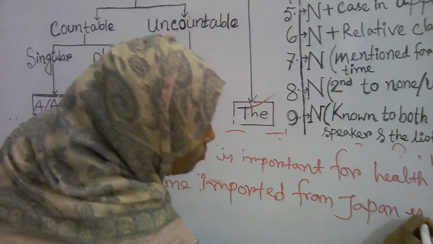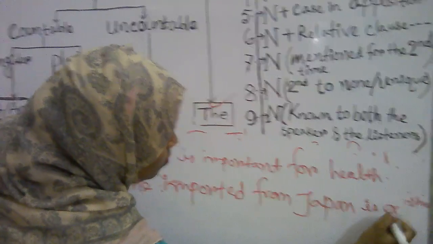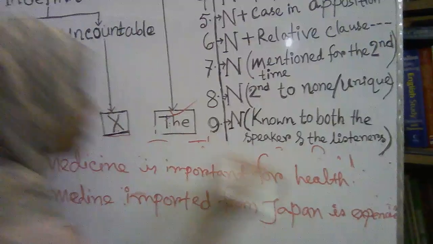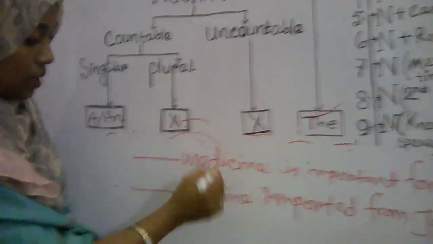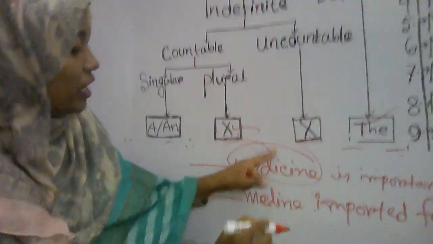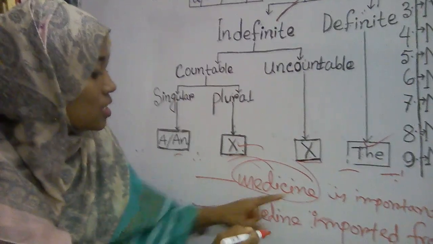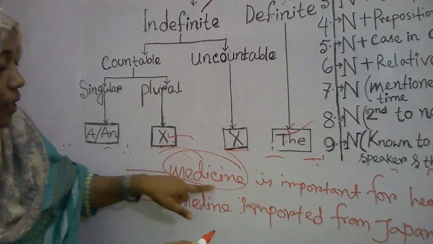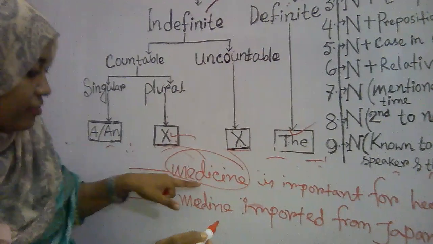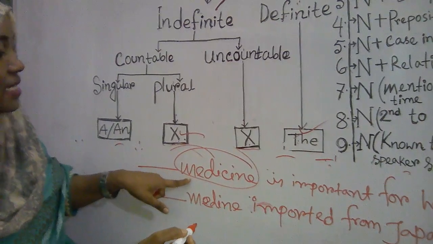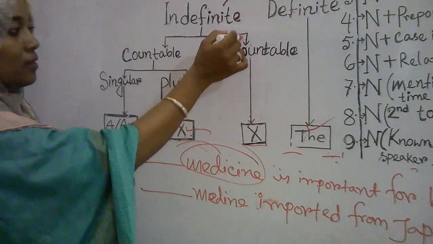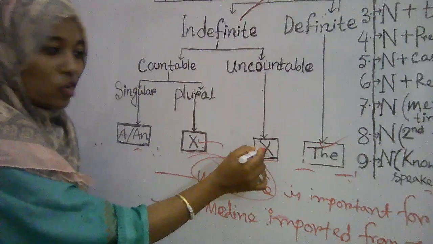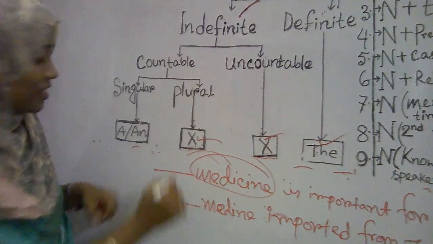It's expensive. Here you see the word medicine, actually it is not definite because there is nothing of this 1 to 9. That's why it becomes indefinite. It is not definite. Besides, it is an uncountable noun. We can see in the diagram, uncountable noun takes cross. That's why here the answer is cross.